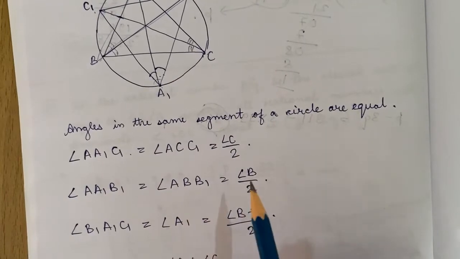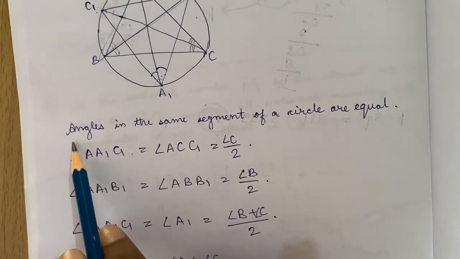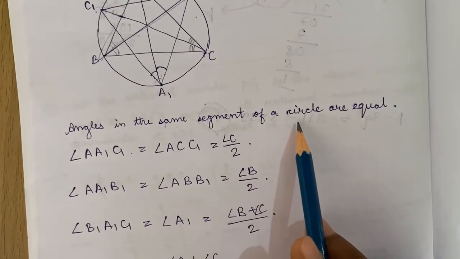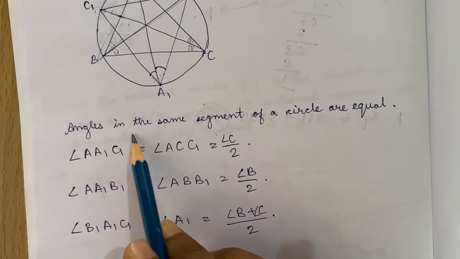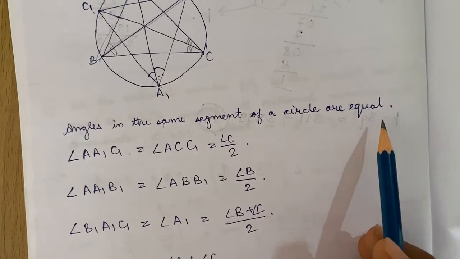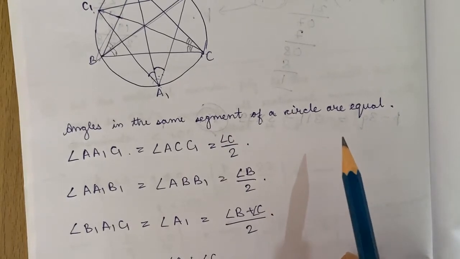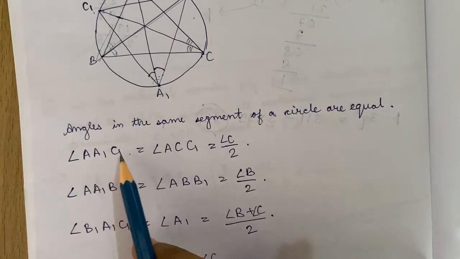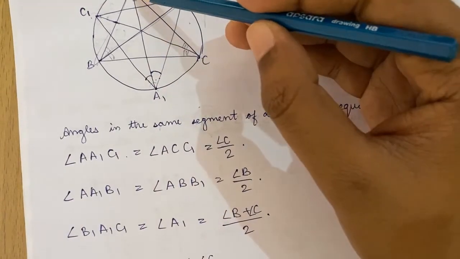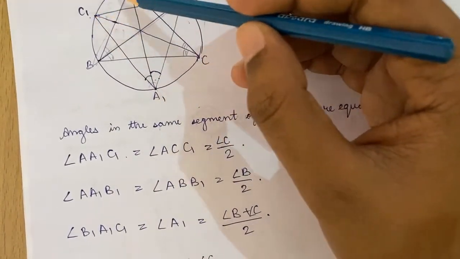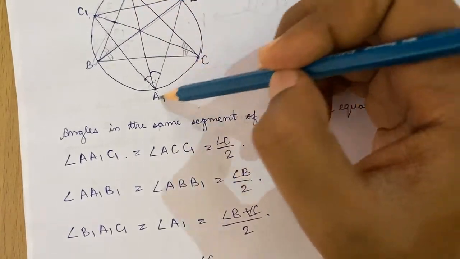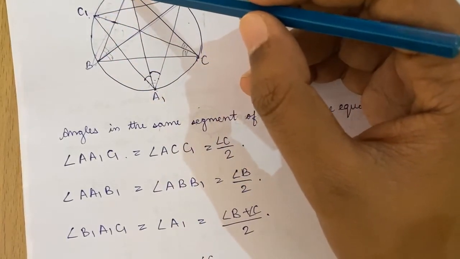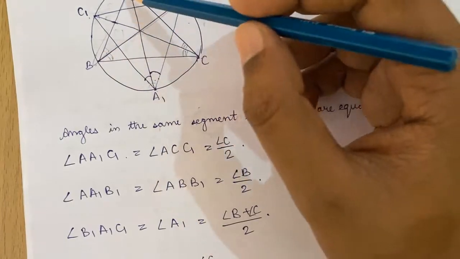So we will use this important property of a circle, that angles in the same segment of a circle are equal. An example would be angle A1C1C, which is equal to angle AC1, because both of these are in the segment made by AC1 on the circle.